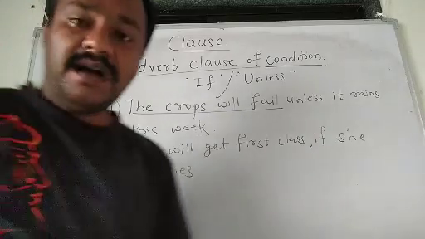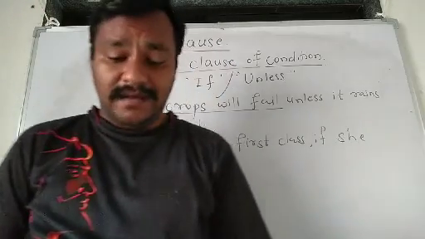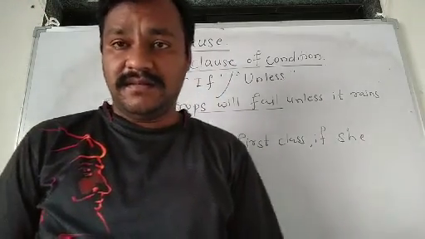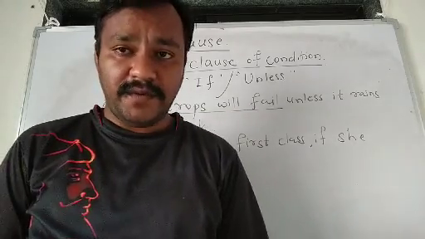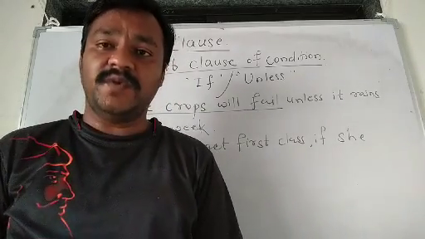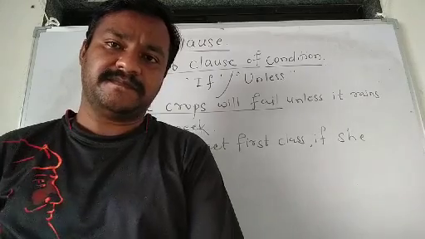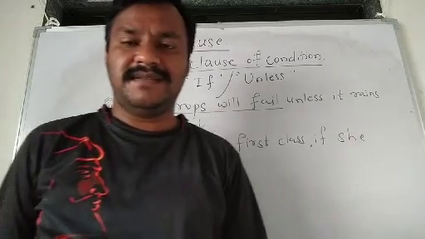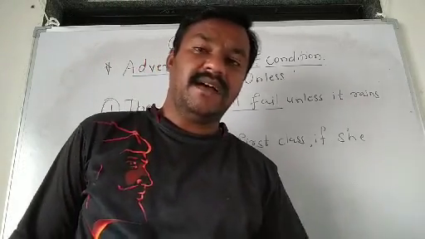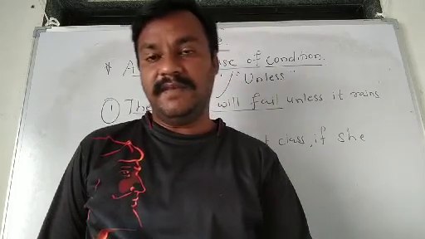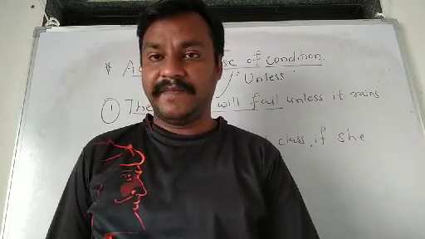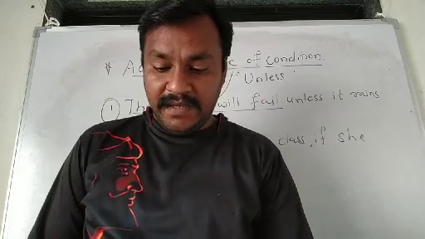One more example, unless you explain the crime, you will be punished. Whatever situation is there, unless you explain about that situation, you will be punished. For that, you have to explain.